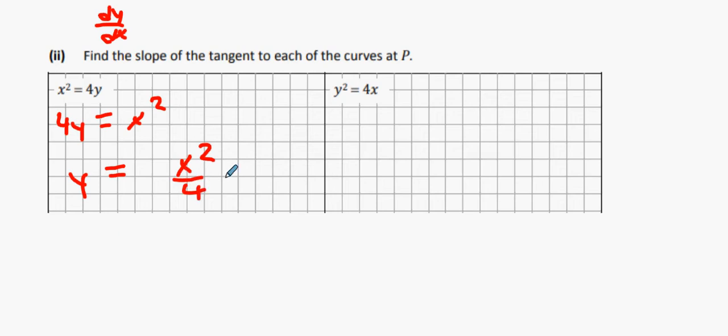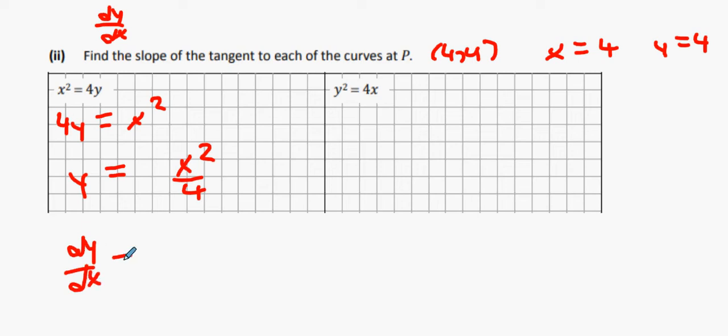Now the point P is 4, 4, which is essentially an x value of 4, a y value of 4. So differentiate, and we get dy/dx is the slope, and it equals 2x, bring 2 to the front, take 1 away from the power, 2x over 4, and now sub in x equals 4, and you get a slope of 2.